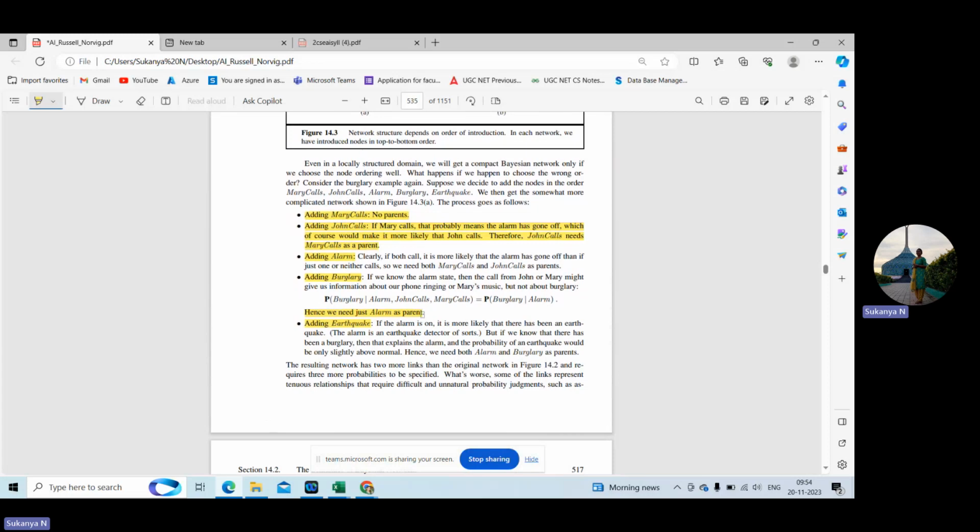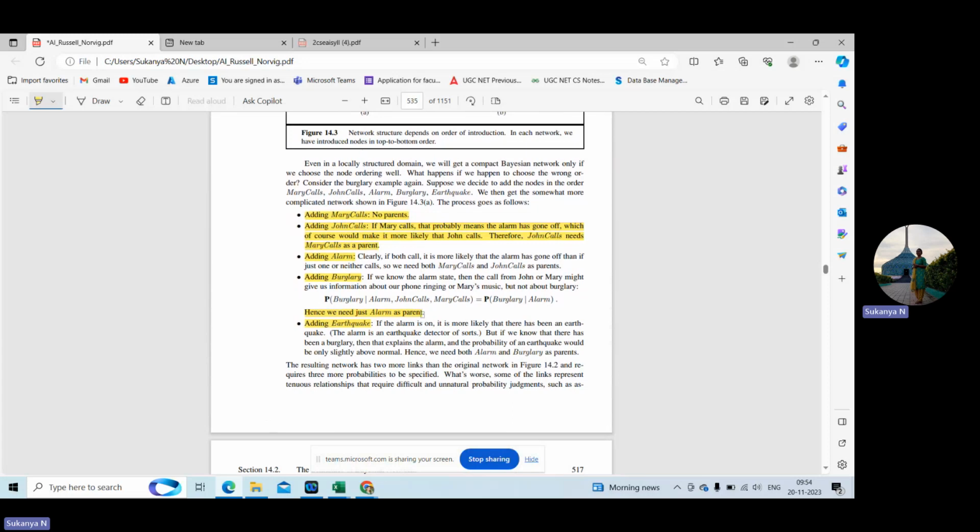Since there is confusion, we take Mary as the parent node. So now Mary is the parent for alarm and Mary is the parent for John. Right. So next, alarm is the parent for earthquake and burglary.